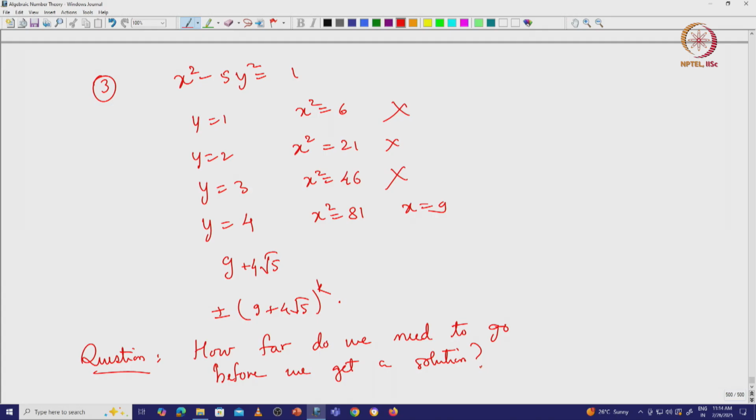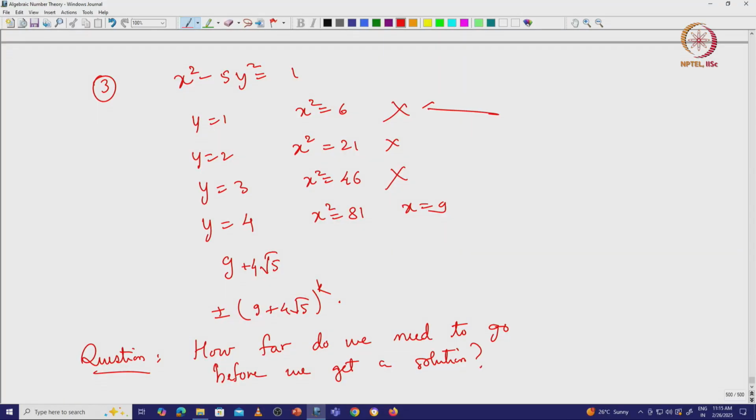We do not know how many values of y we need to take before we get a solution, and so there should be some way of getting a bound on y. There are some good bounds on y, how far we need to go, but we are not going to go into that. You do not have to go more than d for example, but we are not going to prove that.